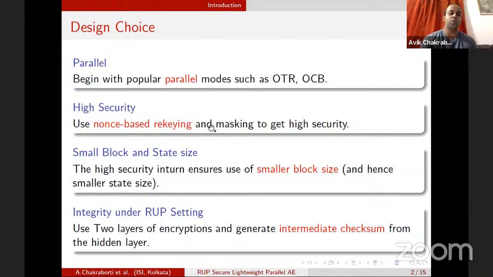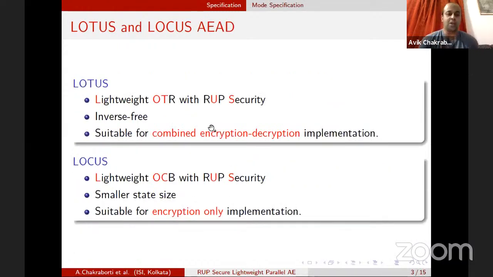So overall, we are adopting three techniques: nonce-based rekeying, masking, and extracting intermediate checksum from some hidden internal state. I'll come to it later. And in turn, we can provide a lightweight parallel AE mode, which provides privacy security and high integrity and RUP security. Okay. So Lotus stands for lightweight OTR with RUP security.